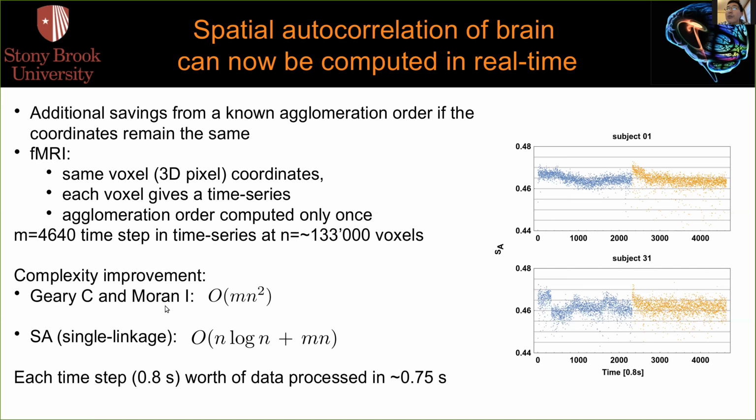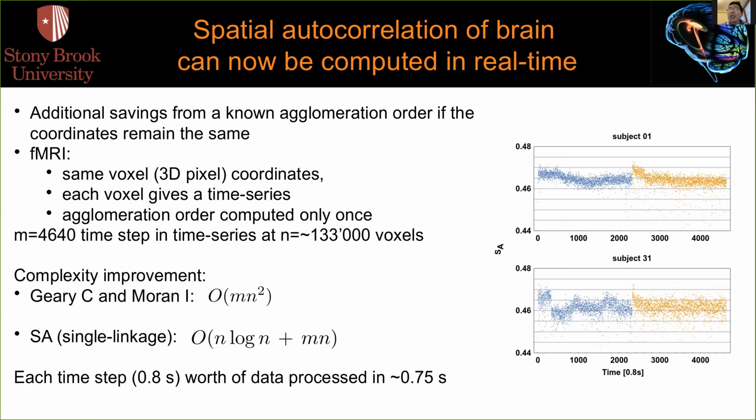That compares very favorably to Geary C and Moran's I, where you have to do the n squared calculation M times to compute their statistic, the C and I, for the M time steps present in the data.